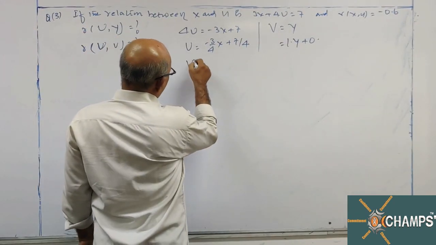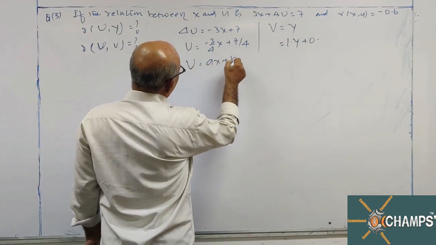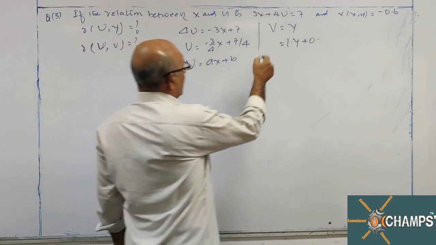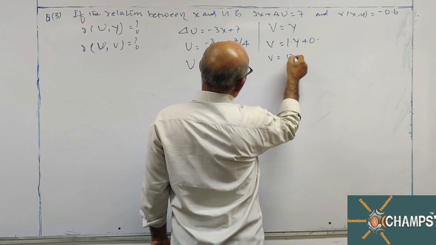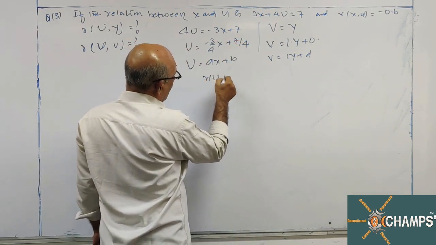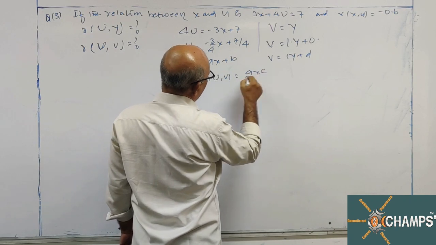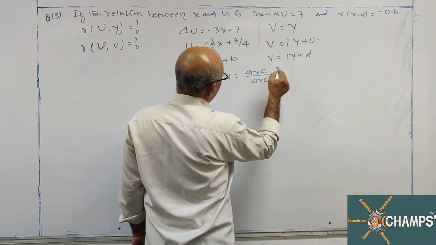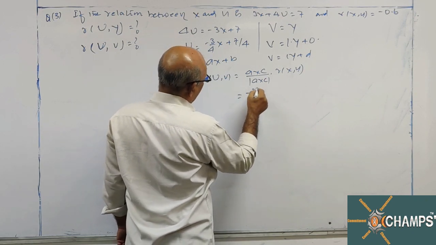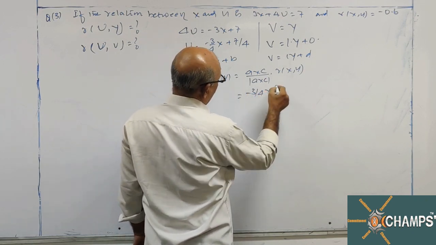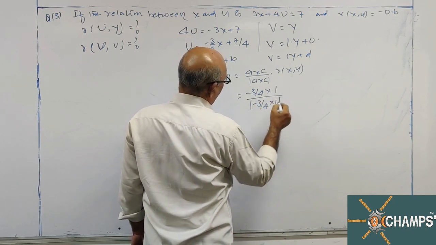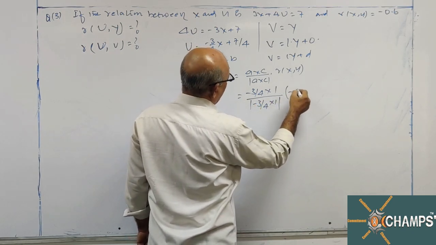Now this is of the type u is equal to ax plus b. Second one is of the type v is equal to cy plus d. R of u comma v is equal to a into c by modulus of a into c, R of x comma y, minus 3 by 4 into 1 by modulus of minus 3 by 4 into 1 multiplied with minus 0.6.